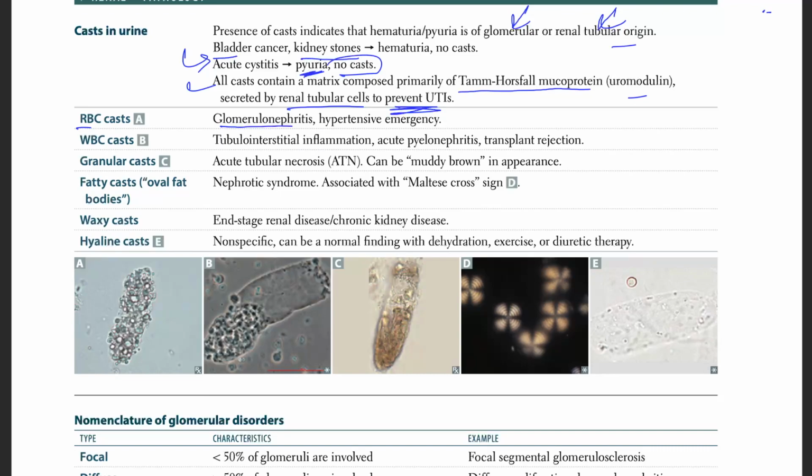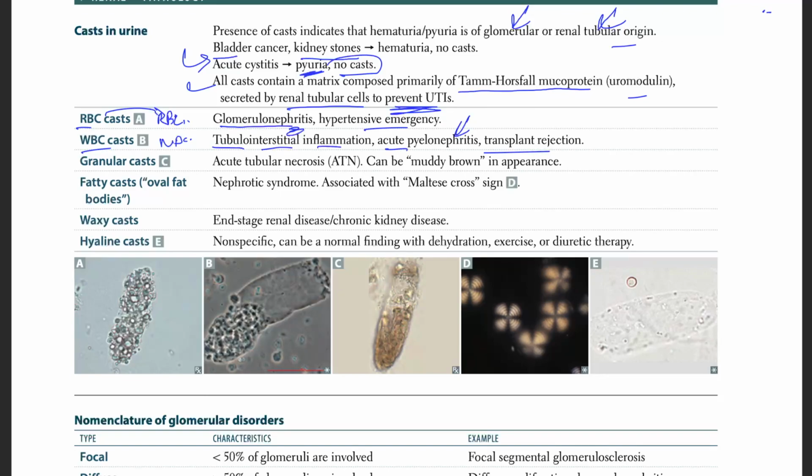So RBC casts are due to glomerulonephritis and hypertensive emergencies. In an RBC cast, we will see RBCs in the cast, right? Because it's an RBC cast. WBC casts, we'll see WBCs in the cast. They will be seen in tubulointerstitial inflammation, acute pyelonephritis, and transplant rejection.